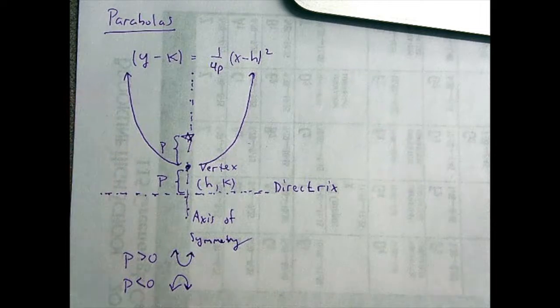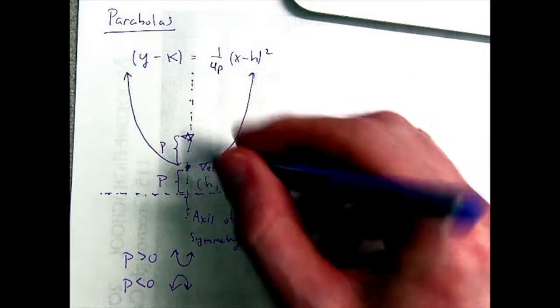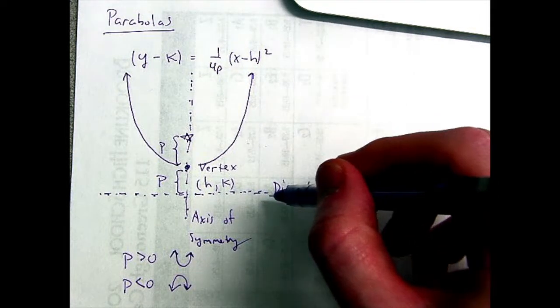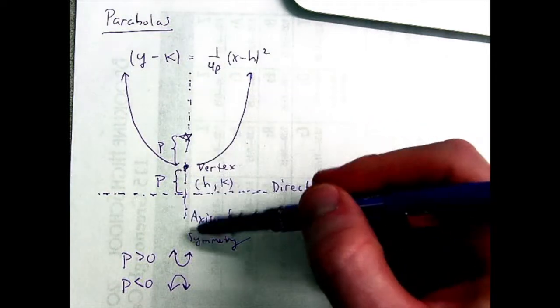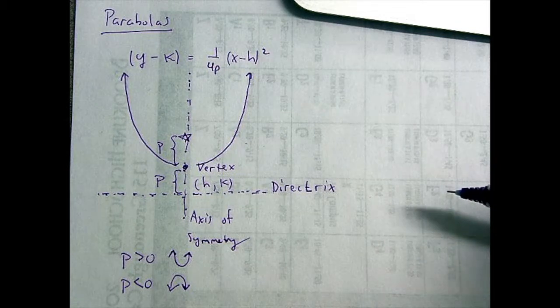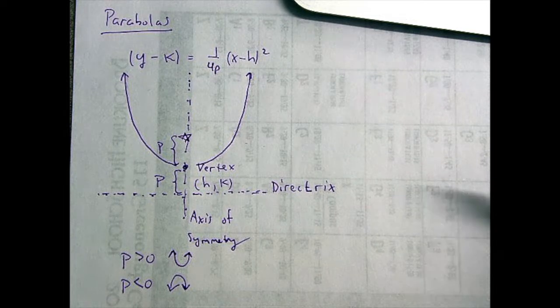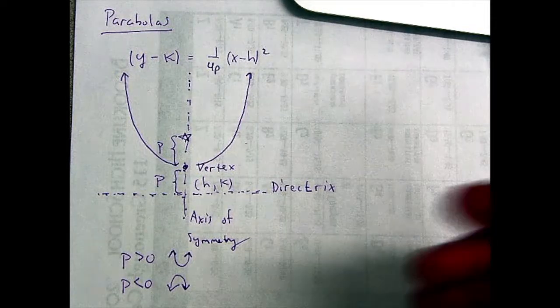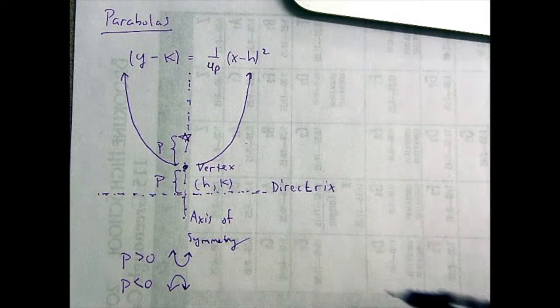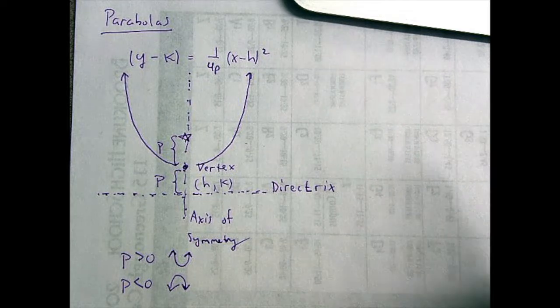So I just want to make a comment about these lines here, the directrix, which is this horizontal line, and the axis of symmetry. These are horizontal and vertical lines, and I will often ask you to find the equations of those lines. I'll give you some parabola and I'll say, find the equation of the directrix. You certainly know how to find equations of lines.